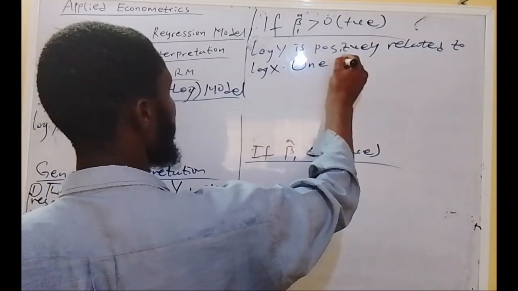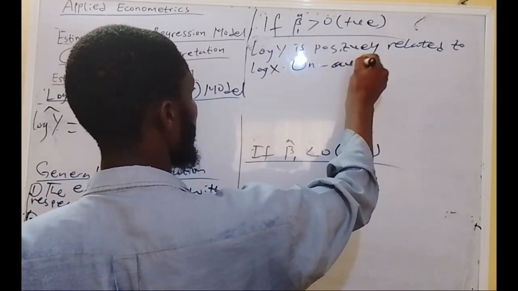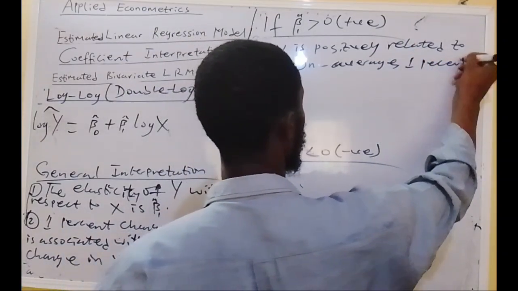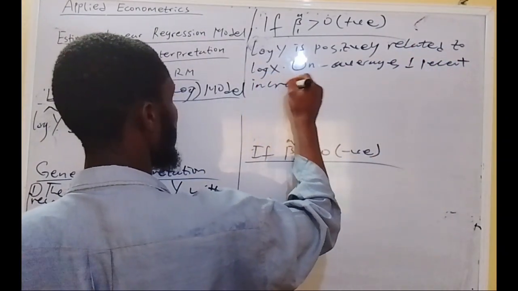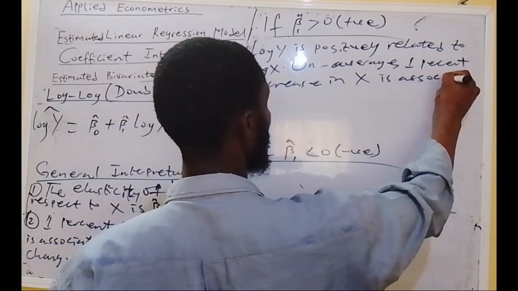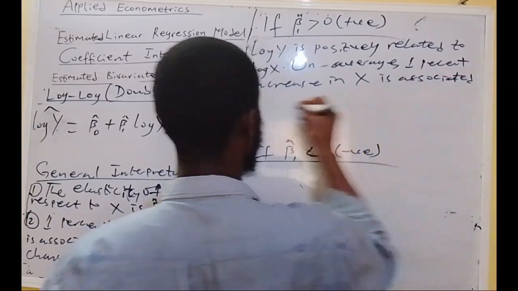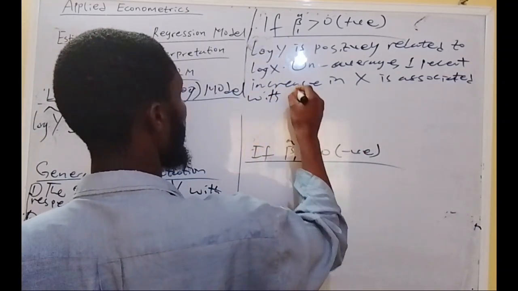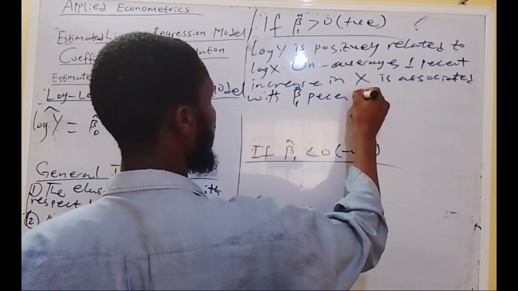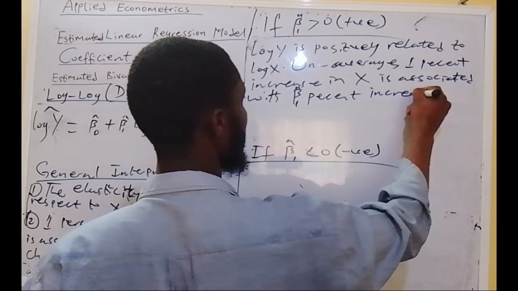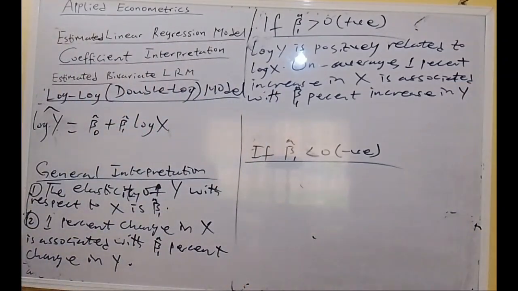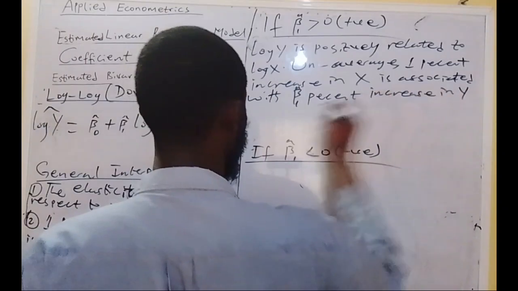So, on average, a 1% increase in x is associated with beta 1 hat percent increase in y, and vice versa.